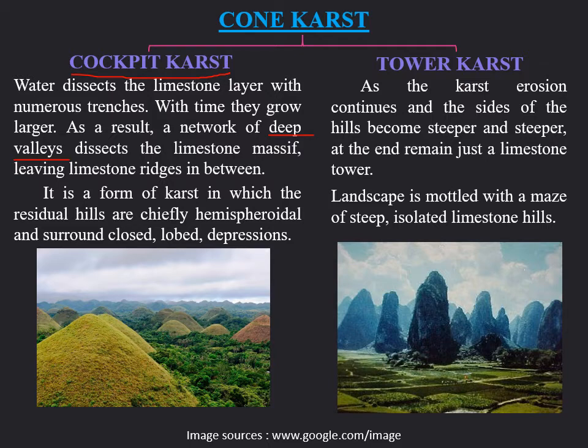So now chemical weathering will occur only in these lower portions, and with time these lower portions are eroded, and these mounds or hills become steeper and steeper, and ultimately they form these kinds of more or less vertical, straight towers. These kinds of landscape are known as tower karst, as they look like towers.